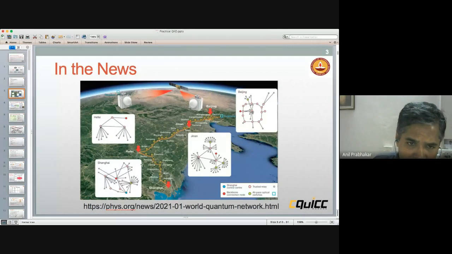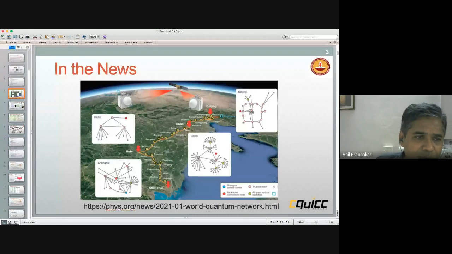The arrows are the four cities. And at each of those four cities, they have metro networks set up with quantum communications. They've also got the satellite link running between China and Switzerland. But the focus today for us is on building such terrestrial networks.